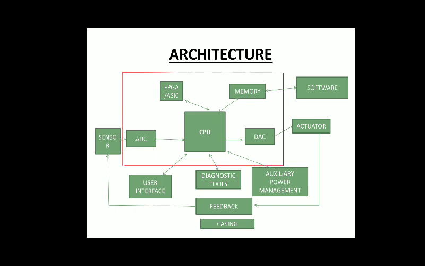Here I have given an expanded architecture. We have seen the architecture before, but here we have expanded it. Here we have the CPU, and with the CPU we have memory, an analog to digital converter or ADC, and a digital to analog converter or DAC.